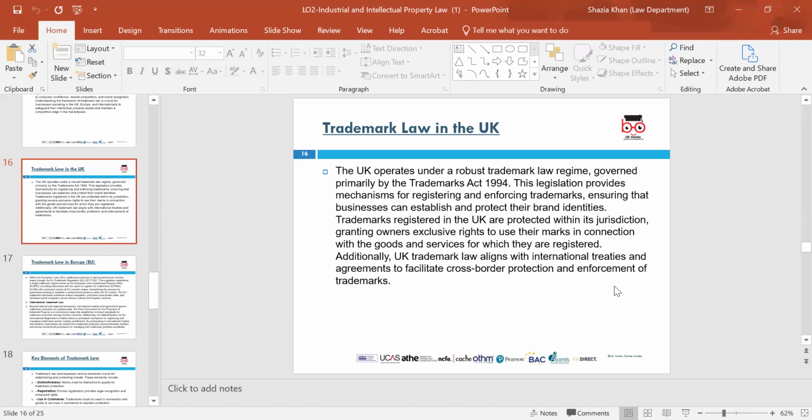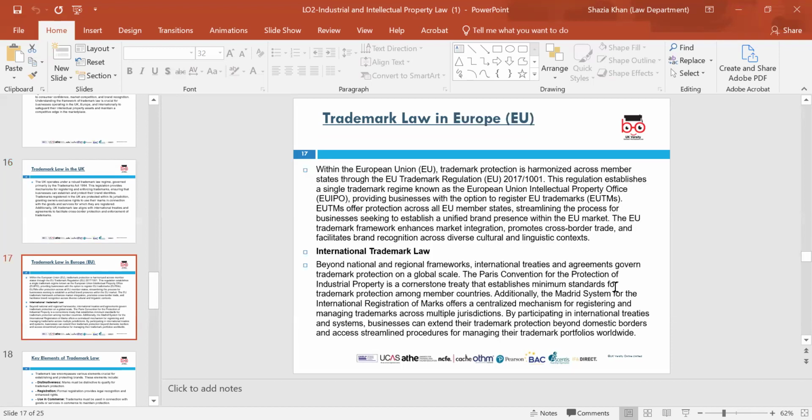Your trademark, once registered, protects your business brand and acts as a guarantee of origin. Trademarks allow consumers to differentiate between products and services. Trademark law in the EU.